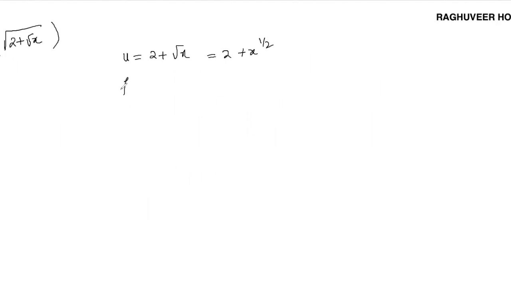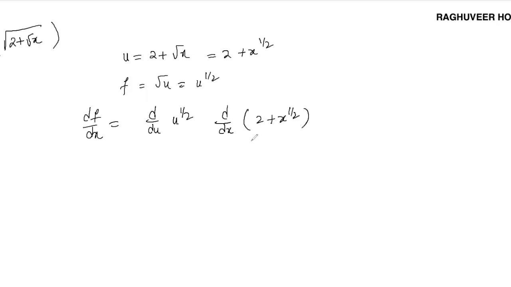So f will be root u, that is u to the power of half, and df by dx is equal to d by du of u power half times d by dx of 2 plus x to the power of half, right?